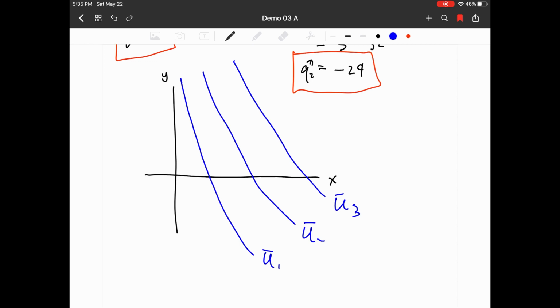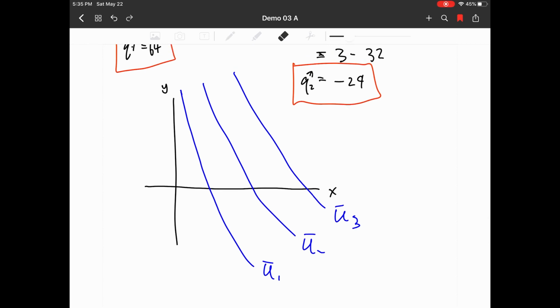And what the budget is doing is drawing a line. X and Y are a little confusing, so let's write this as Q2 and Q1. And what the budget line is doing, as we've visualized in videos, is actually just drawing a line like this.